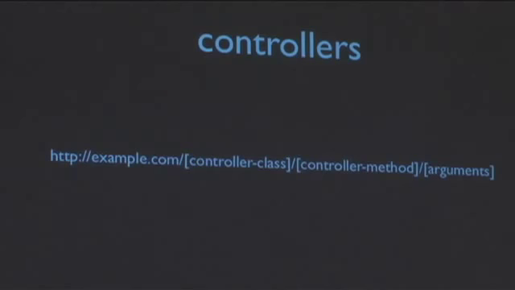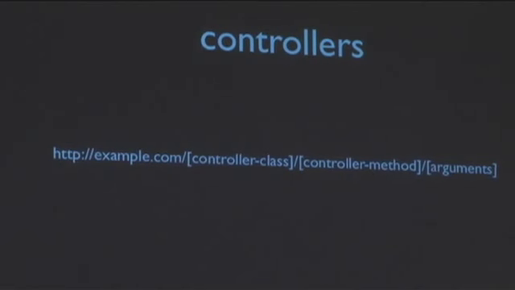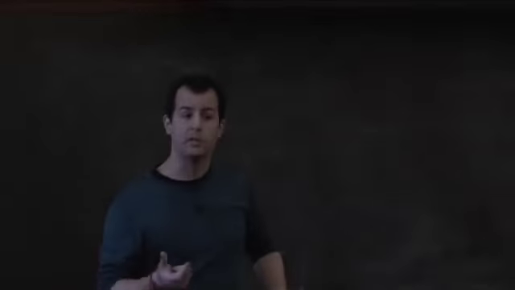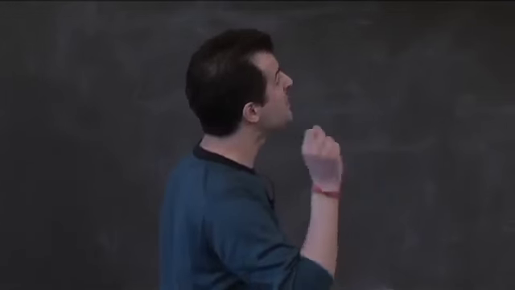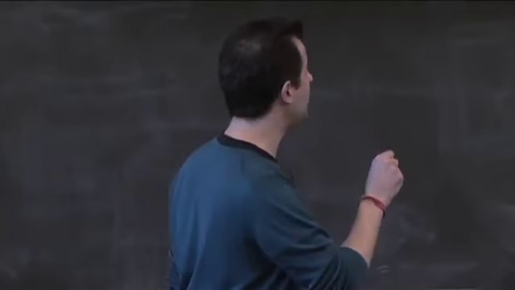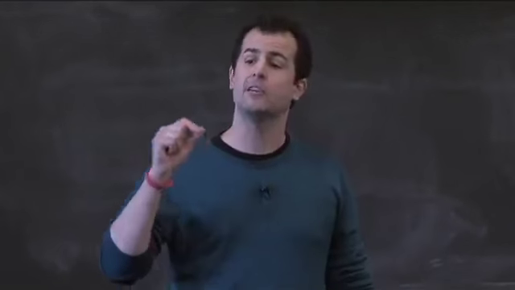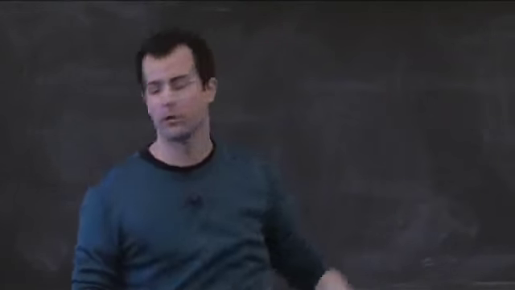So this is a canonical excerpt from their own documentation, whereby if your website is example.com and the user visits /foo/bar/baz, foo, bar, and baz are interpreted to be each of these placeholders here. So /foo means go find the foo.php controller that I created, specifically call the bar method inside of the foo class, and then pass into that bar method the arguments that I've passed along the end there.